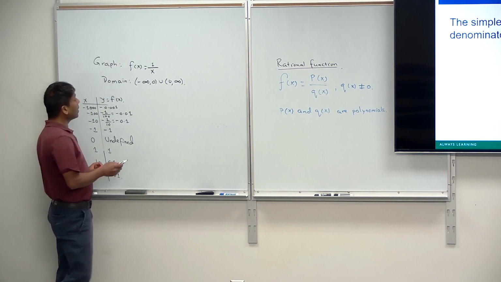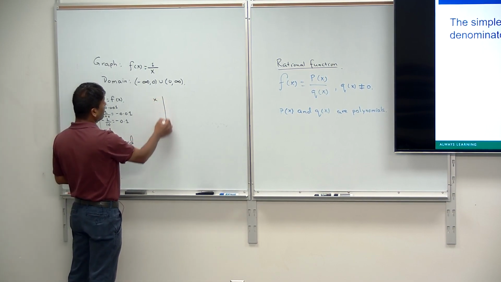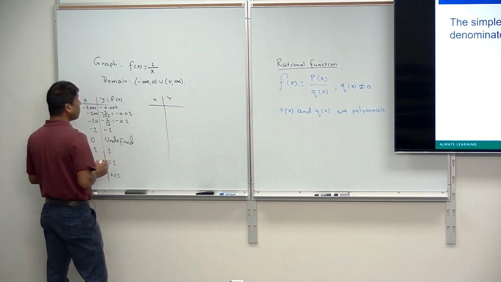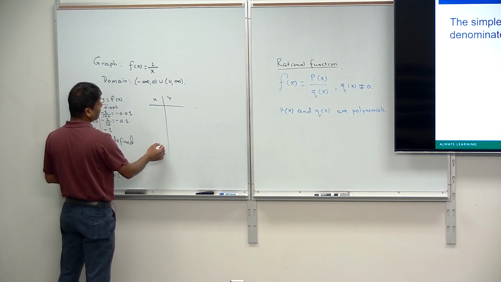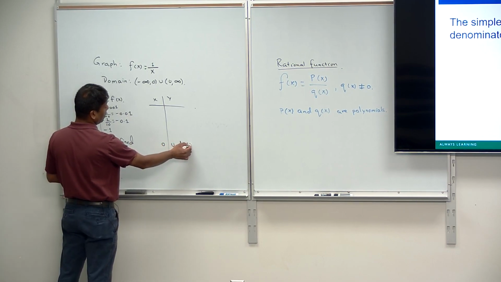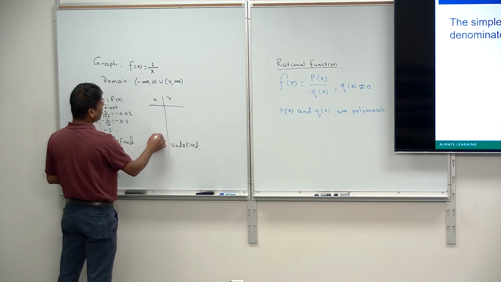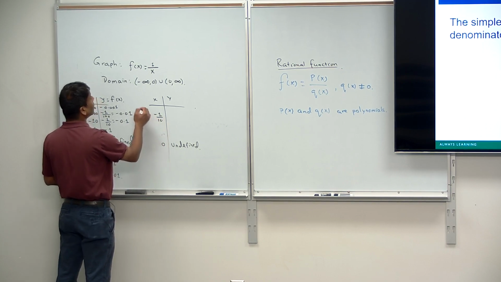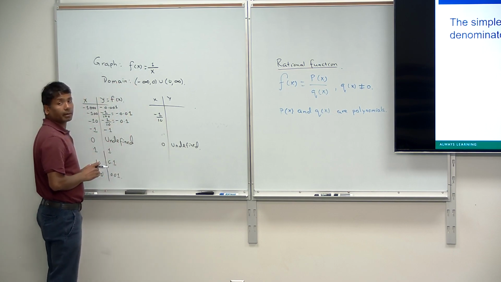Now, you have 0, which is undefined. If I pick x equal to, let's say, negative 1 over 10, what will be the value of y?